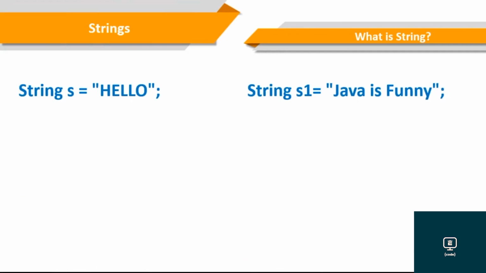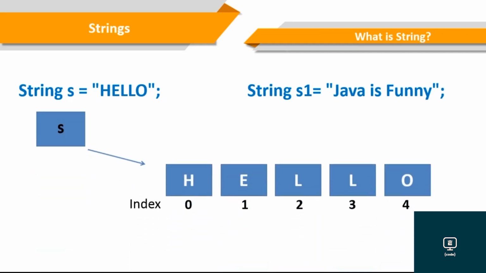A Java string is a series of characters, like the word hello or the phrase Java is funny. A string is created between double quotes. In our example, it shows a string object in memory. It consists of individual characters, hello.